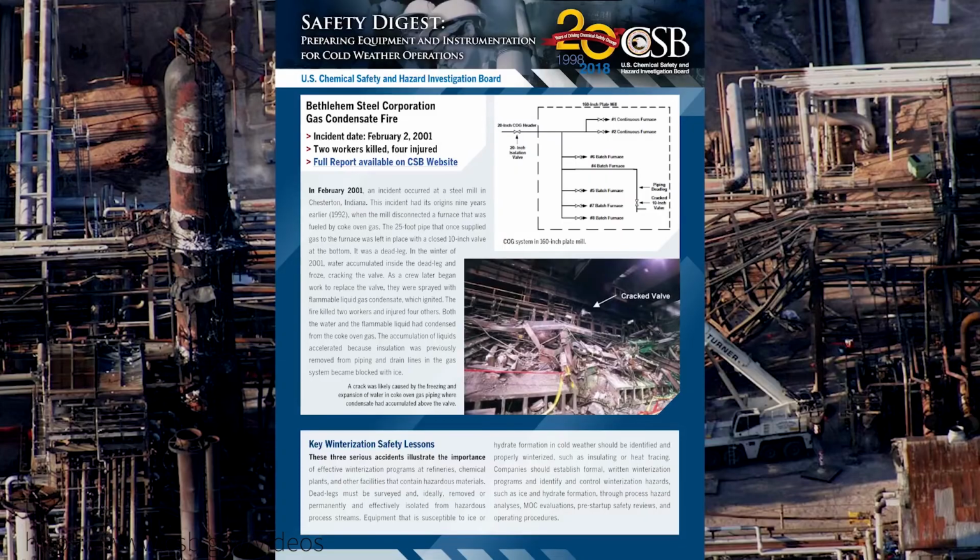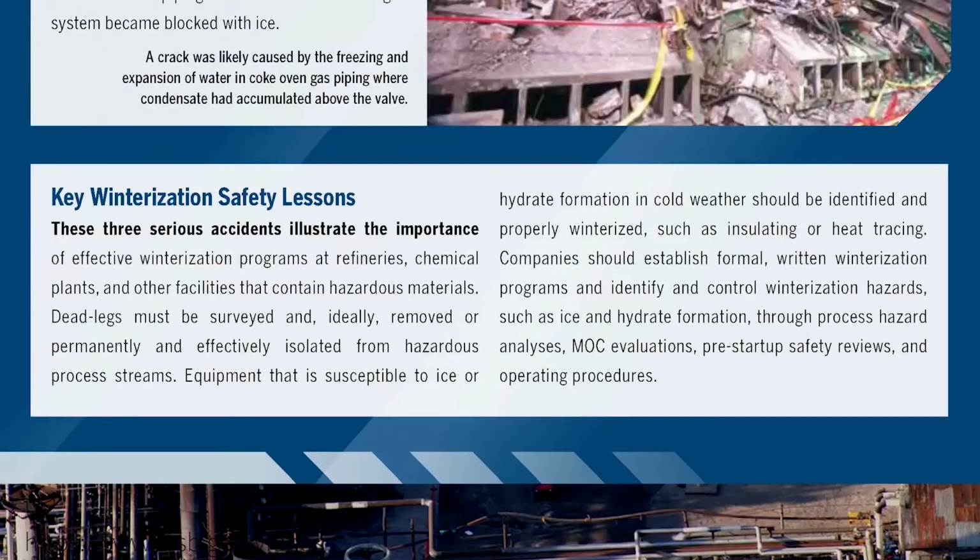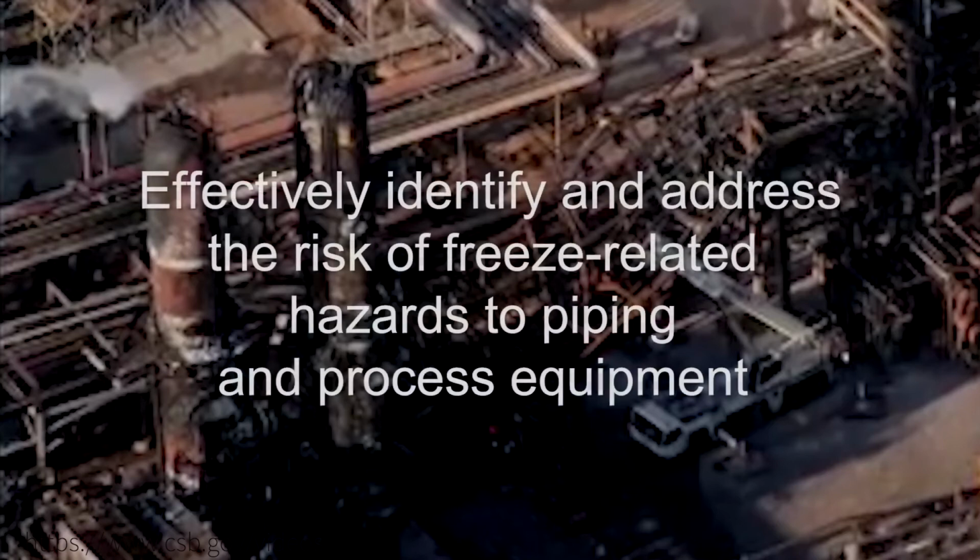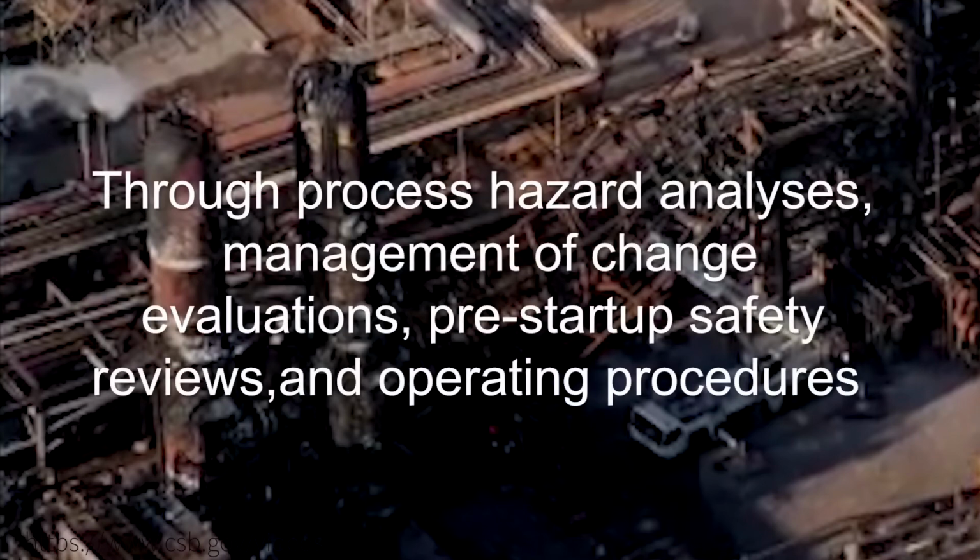CSB has established key winterization safety lessons that facilities should follow. Facilities should effectively identify and address the risk of freeze-related hazards to piping and process equipment through process hazard analyses, management of change evaluations, pre-startup safety reviews, and operating procedures.